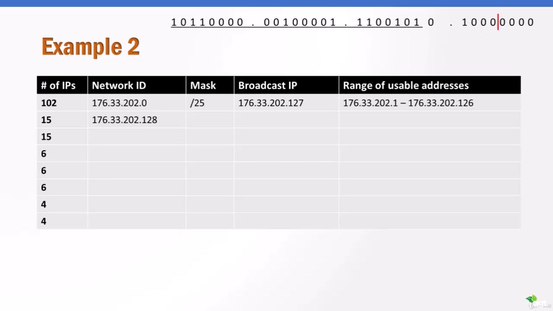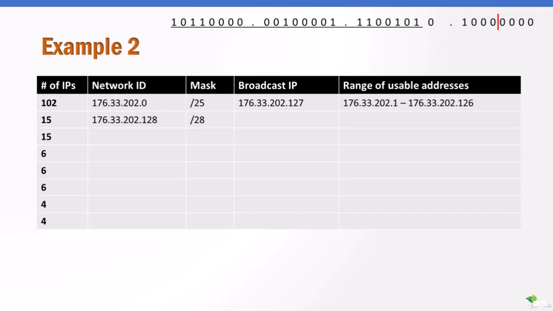We're going to go ahead and use 4 host bits, which means that our mask is going to be /28. 2 to the power of 4 is 16, so we are a bit tight here, but it does meet our requirements for the second and third subnet, so we're going to go ahead with 4 bits.